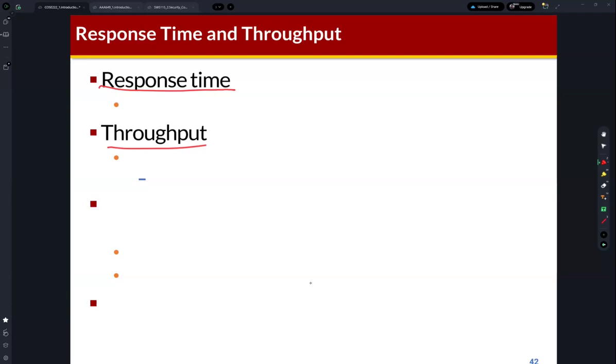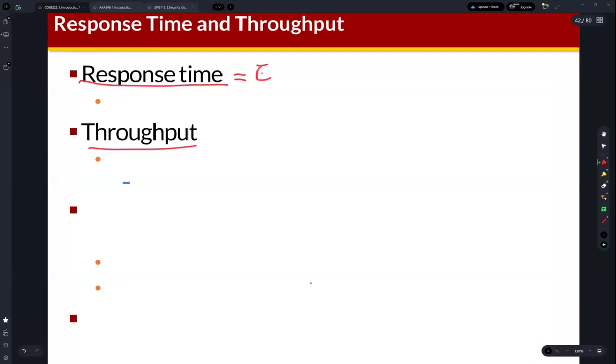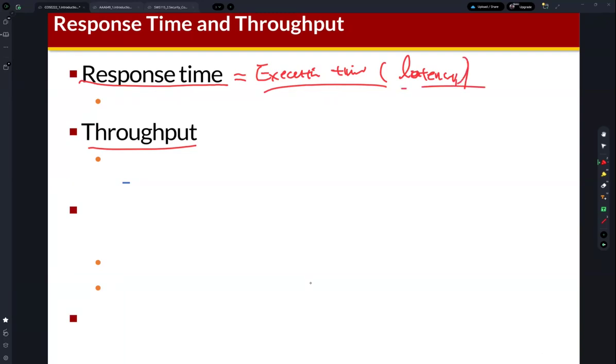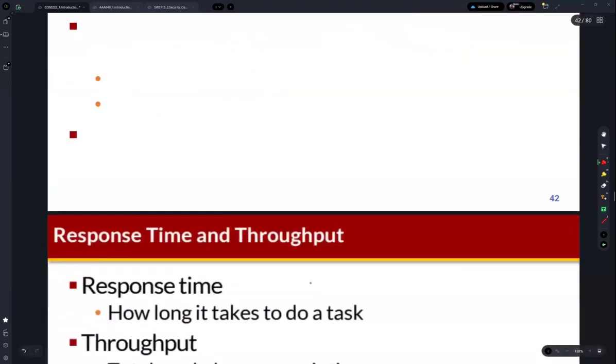Then, what is the meaning of response time? We can say that this is also execution time, or it can be called latency.